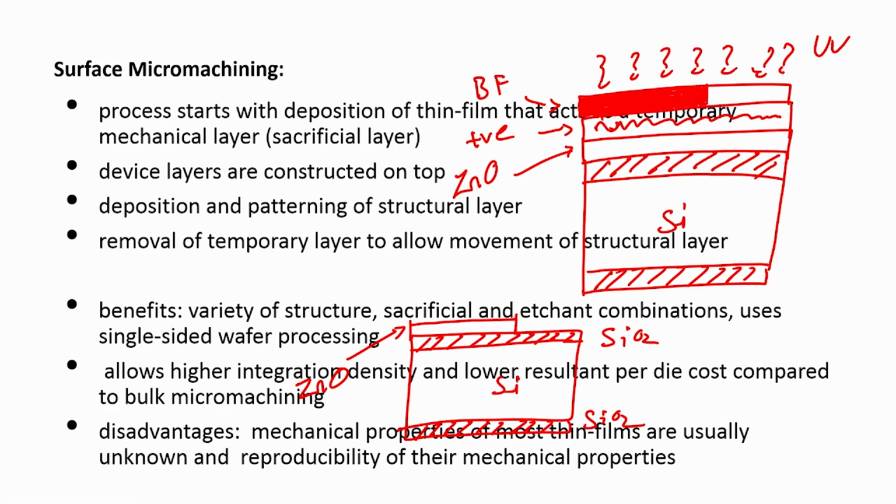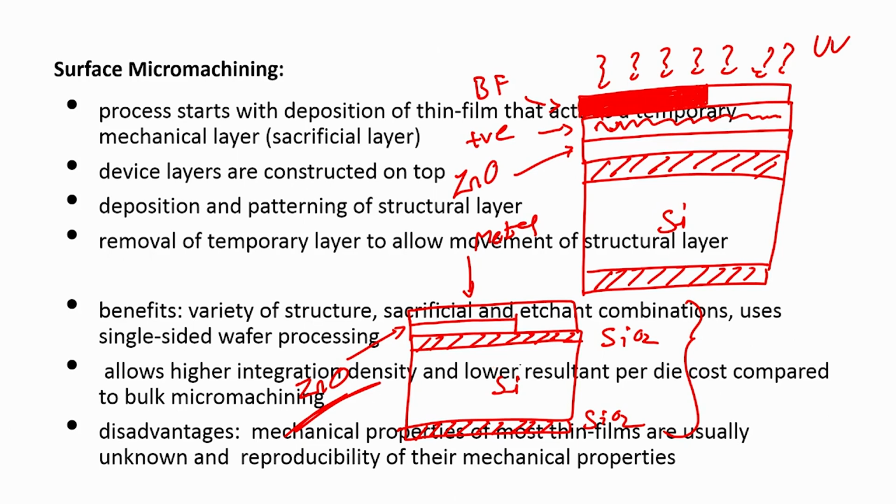Now, on this zinc oxide, if I deposit a metal, and if I dip this oxidized silicon wafer with metal into zinc oxide etchant, what will happen?